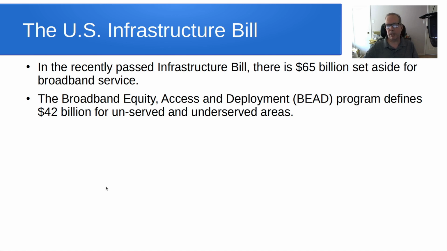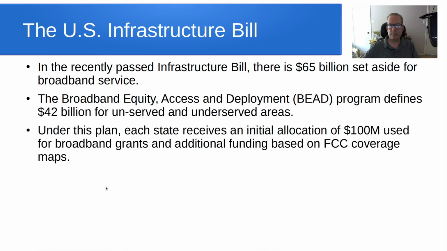This was particularly pointed out as a problem during the pandemic, when many of the schools were able to operate virtually, but in some of the underserved neighborhoods, they were unable to have connectivity.